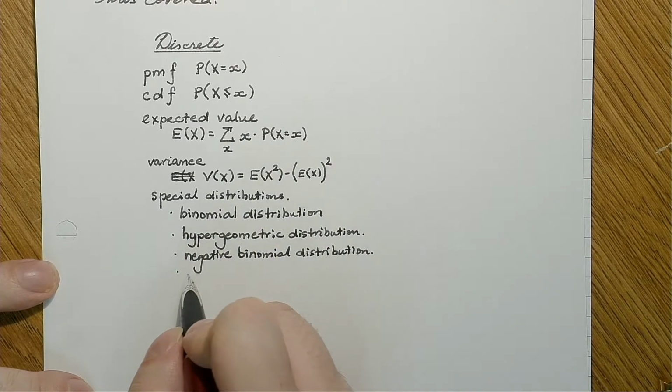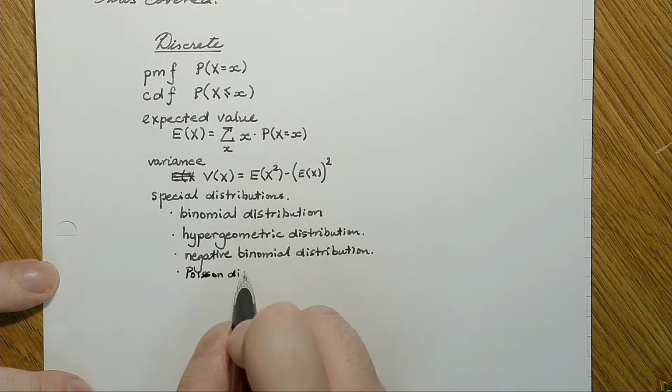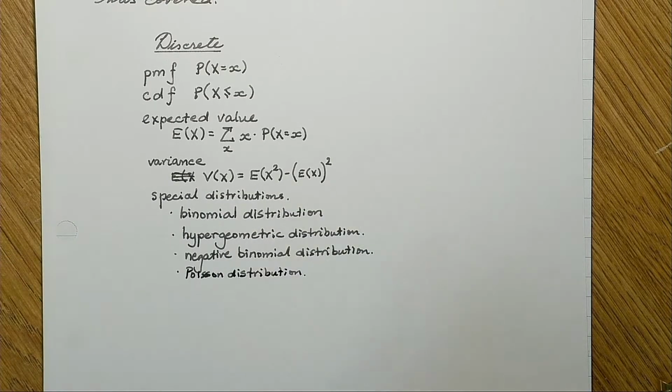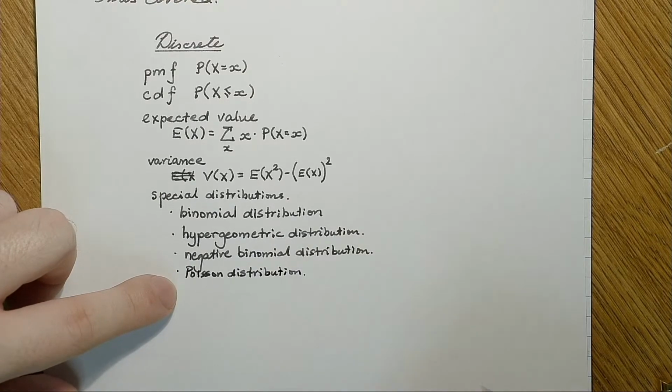And lastly, we talked about the Poisson distribution. Why was that important? Because we could use the binomial distribution to approximate the Poisson distribution.